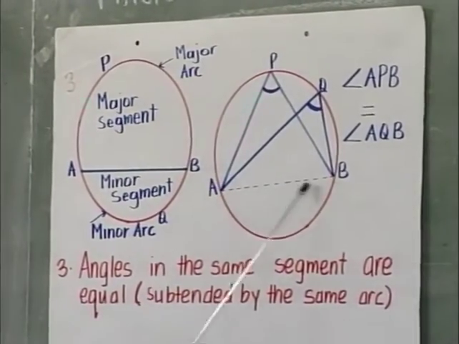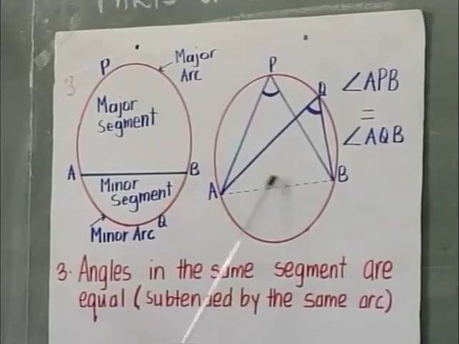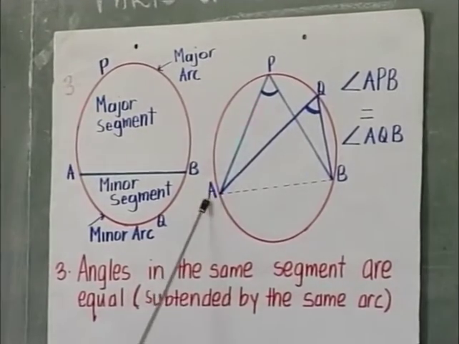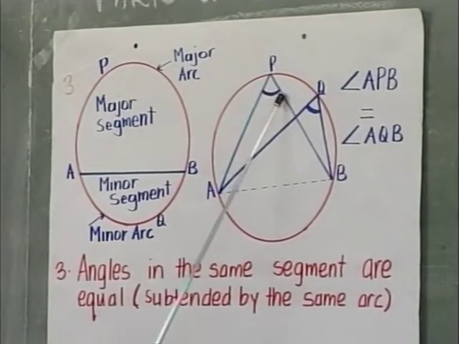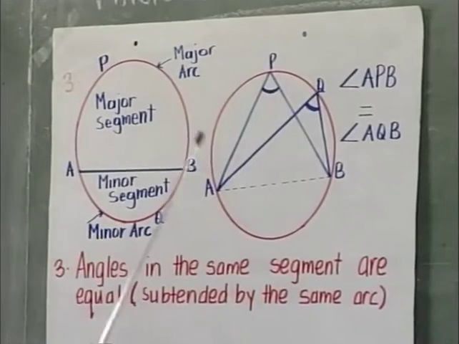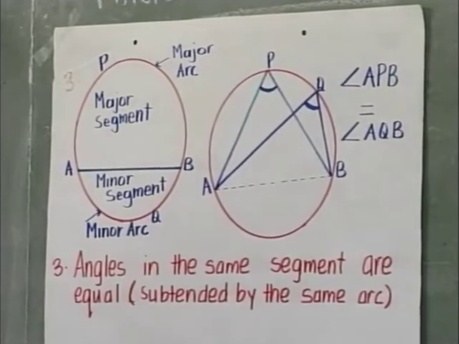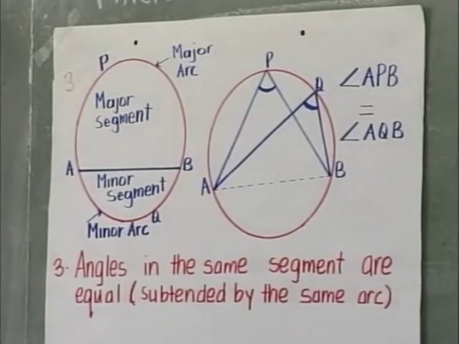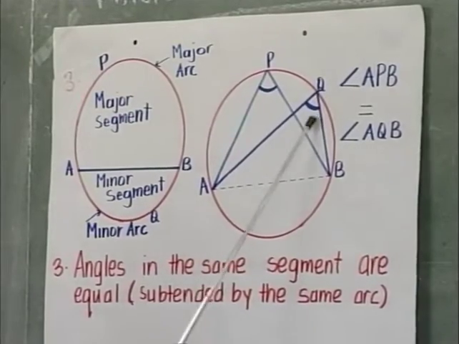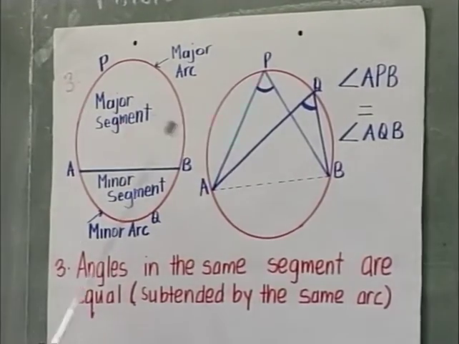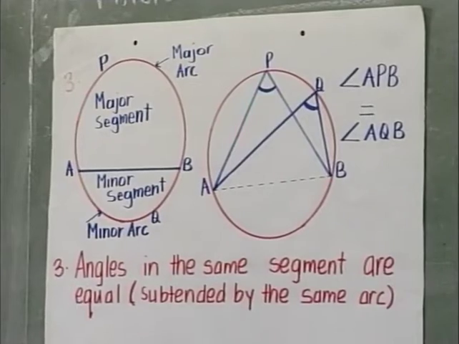The chord is AB. See the chord AB? Angle APB, which is this one, and angle AQB, which is that one, end up in the same segment. And because they are in the same segment, these 2 angles are said to be equal.